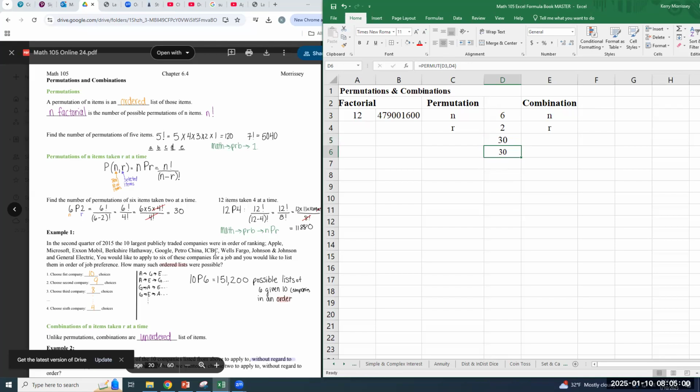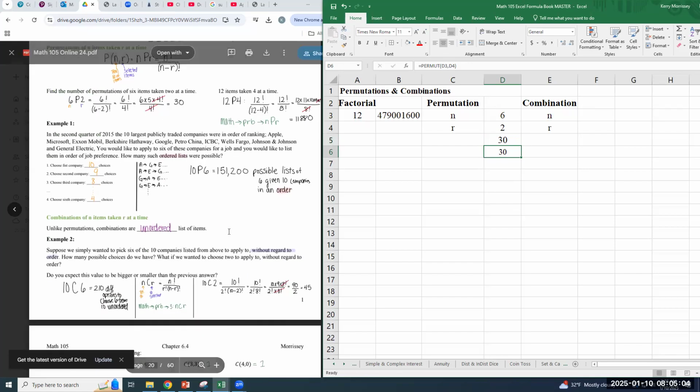Now let's talk about combinations. Permutations are ordered, whereas combinations are unordered. So if we were to do the 6 and 2, it can be any sort of order, so order doesn't necessarily matter.